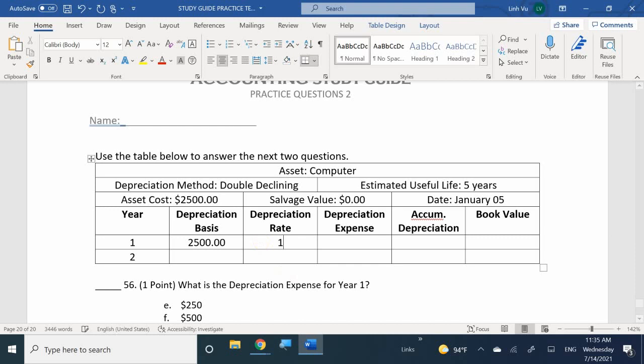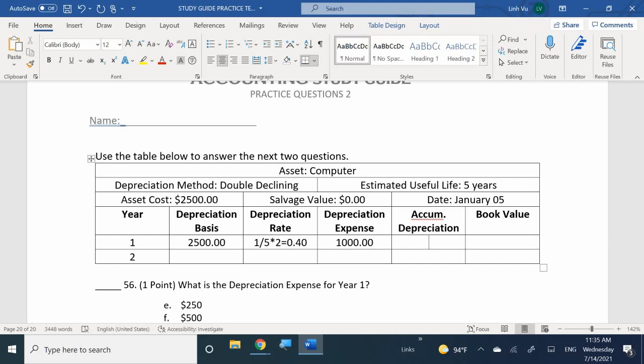It would be 0.4, because it's 1 over 5 times 2, which gives you 0.4. Okay. So in this case, what's going to be my depreciation expense for year one? $1,000, because it's 40% of my 2,500.